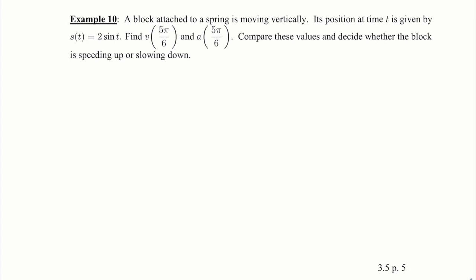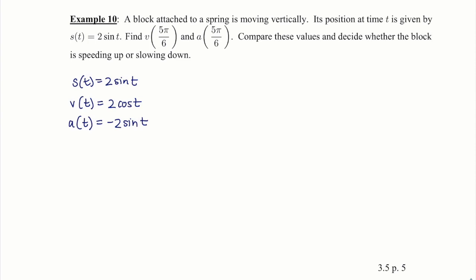So we have s of t given. We can use that to find the velocity, which is just the first derivative of position, and the acceleration, which is the second derivative of position or the first derivative of velocity.